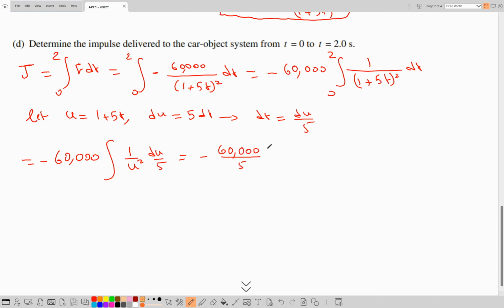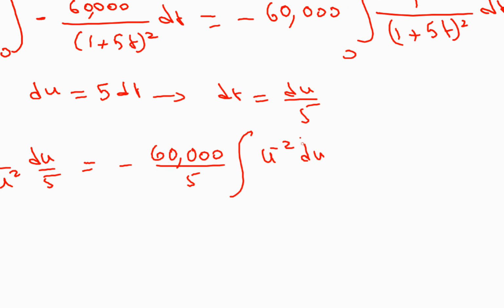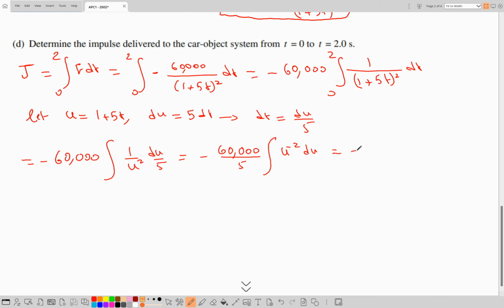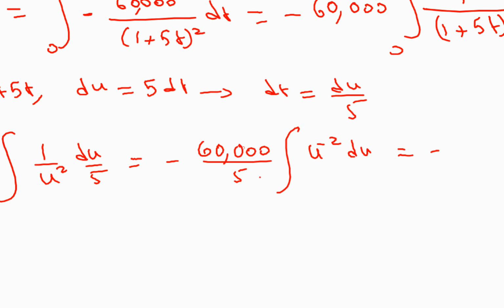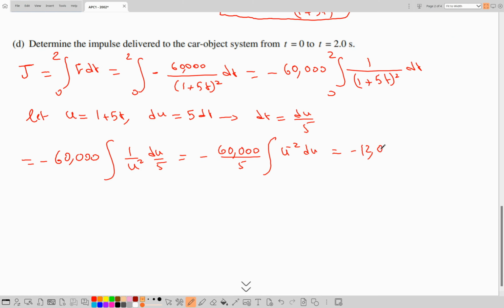Now that would be minus 60,000 divided by 5, and this rational function can be written as a power function, u to the power of minus 2 du. Now how to integrate this? Easily, we increase the power by 1, which gives minus 1, and we divide by the new power. That would be minus 60,000 over 5, which is minus 12,000, multiplied by u to the power of minus 1 divided by minus 1.